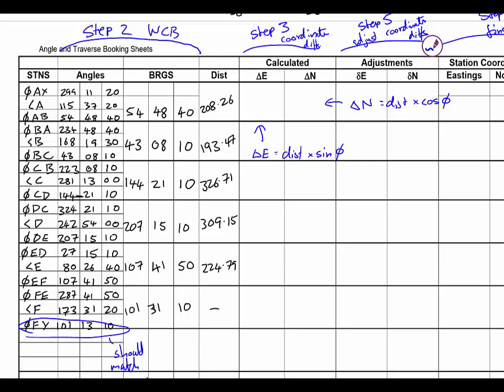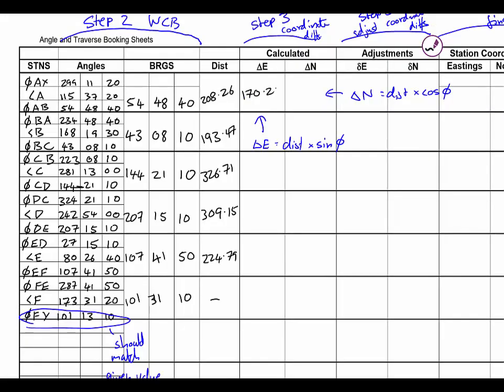So we'll do 208.26 times sine 54, 48, 40. That gives us 170.20, whereas 208.26 times cos of 54, 48, 40 gives us 120.01.